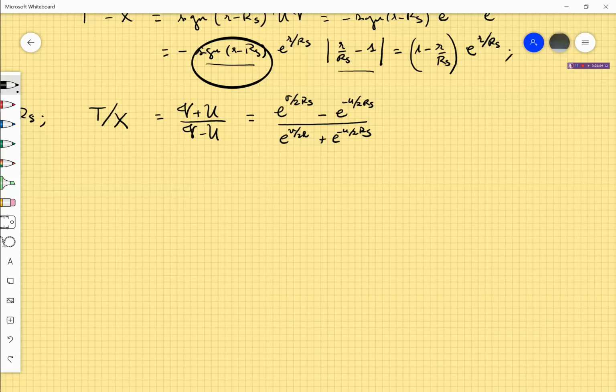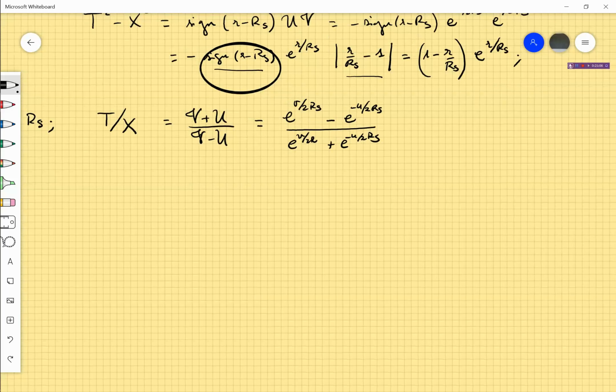Now you can multiply numerator and denominator by the exponential of u divided by 2rs, and then you get u plus v divided by 2rs minus 1, and here u plus v divided by 2rs plus 1.